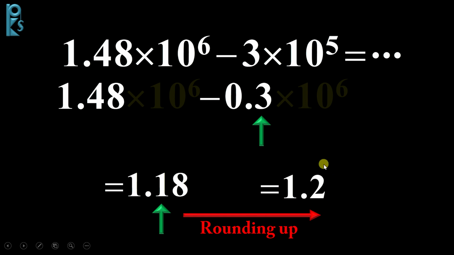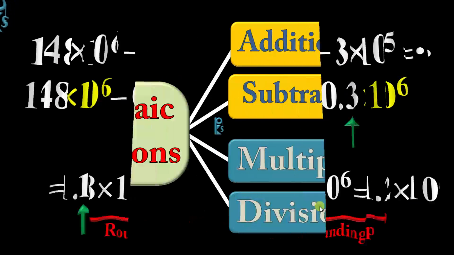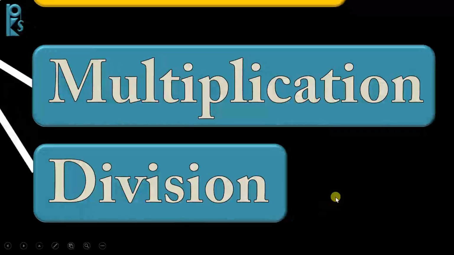Then I should take 10 to 6 back. So the final answer will be 1.2 times 10 to 6. I hope you have got the point of how to do subtraction and addition. But the next case will be multiplication and division. The rule we apply for multiplication and division will be completely different.